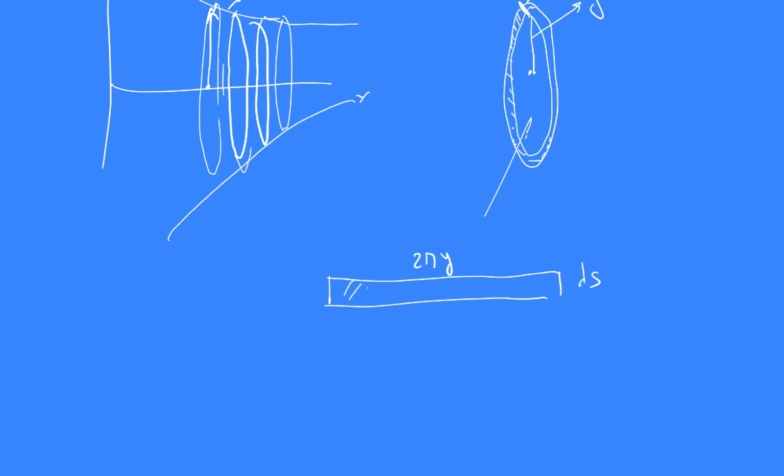So the area of the exterior surface of the ring, I will call the surface area, dA. The surface area will be 2 pi y ds.